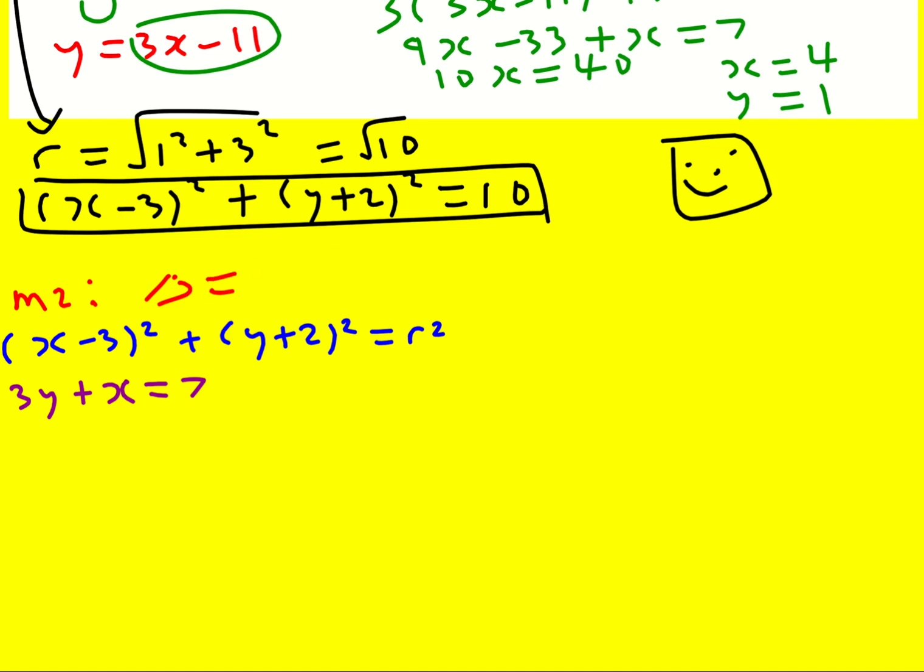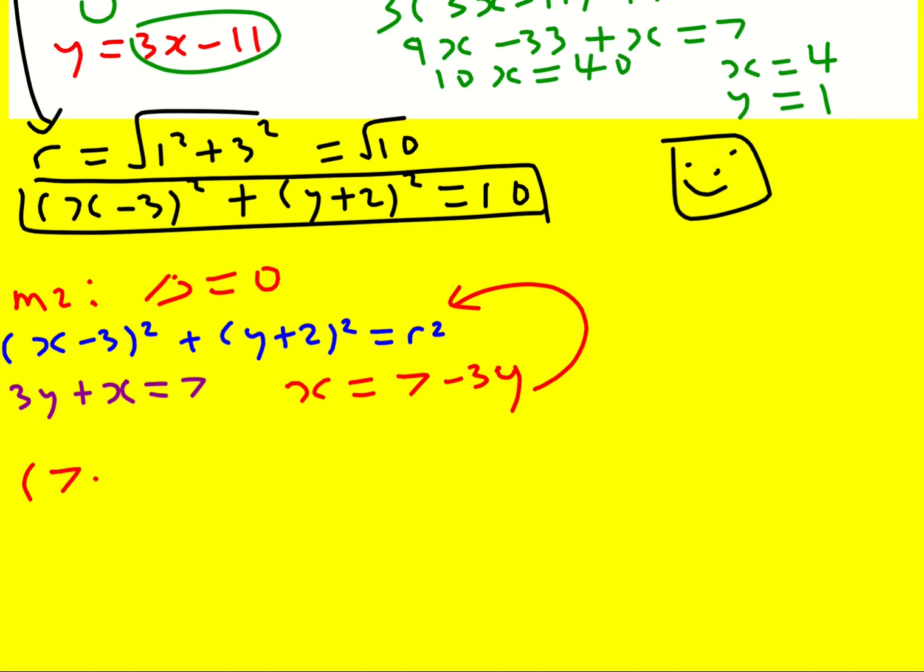Discriminant equals 0. What I can do is make x the subject. I think I had x as the subject, but maybe not, I don't know. But x is equal to 7 minus 3y. And I can then substitute this into the first equation and then look at the discriminant. Because at the moment, we've got an equation with 3 unknowns, so we can't solve that, but we have this extra piece of information.